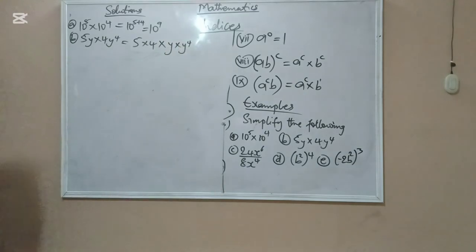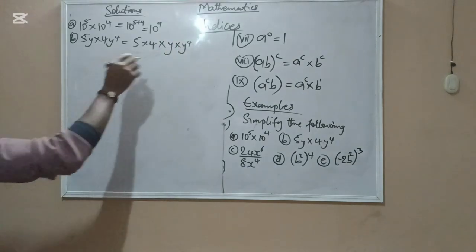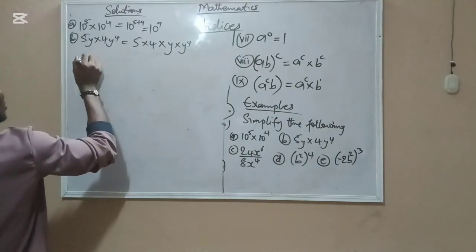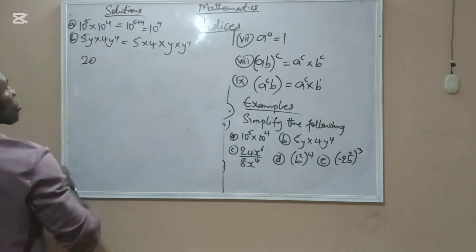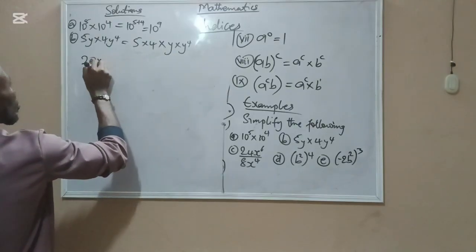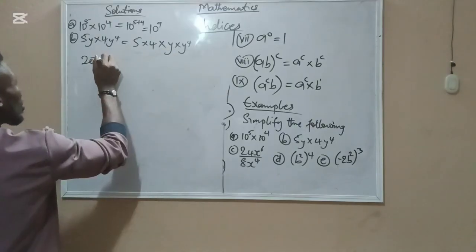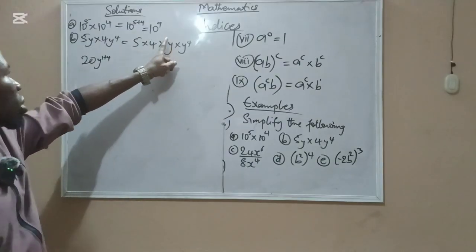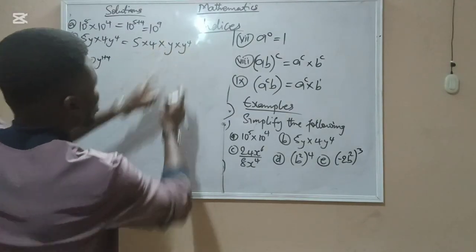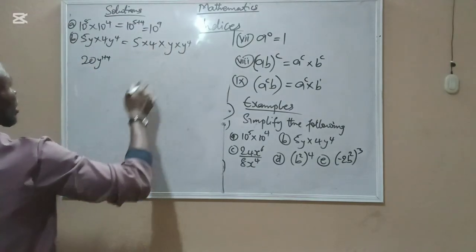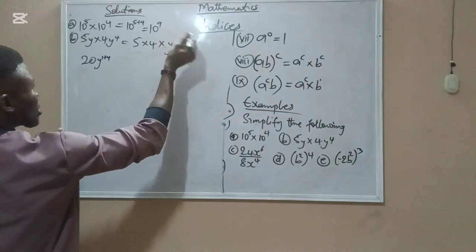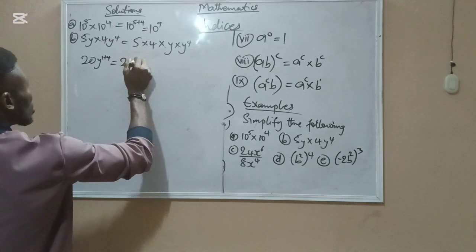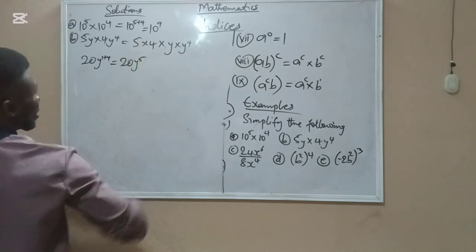This is still the same thing as 5 times 4 is 20, then y to the power 1 plus 4. These two, this is to the power 1, this is to the power 4. When they have the same base and you add the powers, this is the same thing as 20y to the power 5.